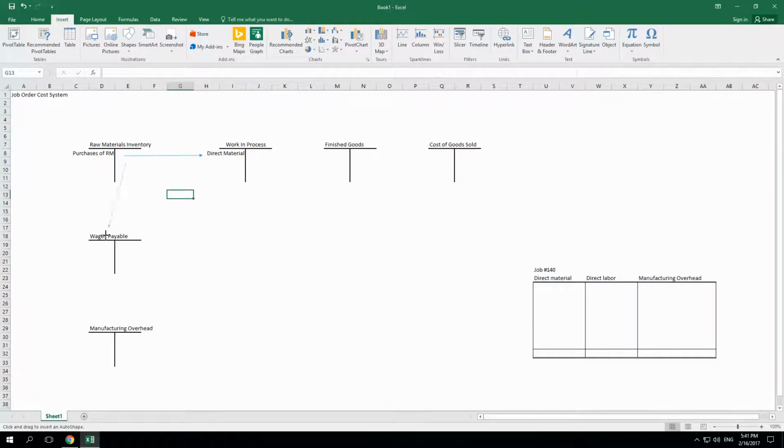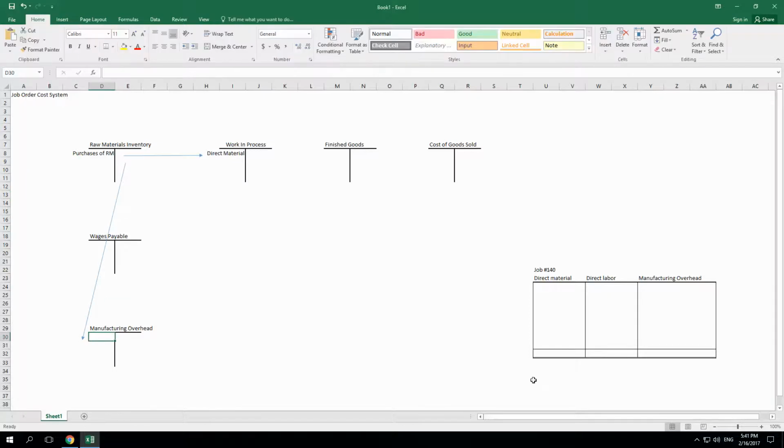It'll come out of raw materials, and it's going to go down to manufacturing overhead. Okay? So when that happens, that's called indirect material. So it's the stuff that's still part of the manufacturing process, but we can't trace it directly to an individual job. Okay? So two places that material can go, right?